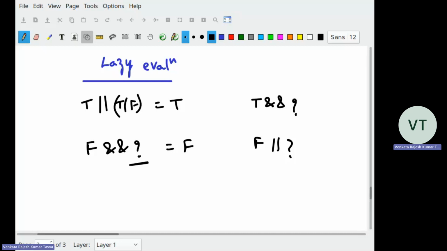What will it print? Will it print hello? No, it doesn't need to evaluate the second expression. The overall expression's value will be 0. So it won't go to the second expression, it won't go to printf hello. It will just return 0 and print 0.